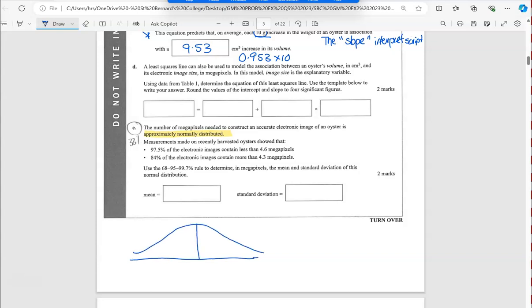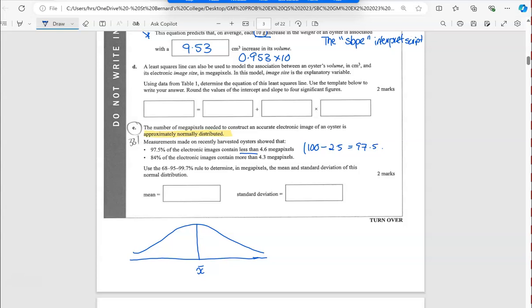Remember, everything's going to vary around those normal statistics, so those little tails and things like that. So it says here 97.5% of the electronic images contain less. Now, if you think about it, 100 minus 2.5 equals 97.5. So they're at one of those 2.5 pockets.